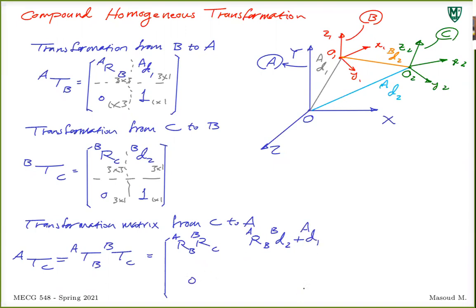This becomes 0, and this becomes 1. So I just multiplied those two matrices in terms of matrices.